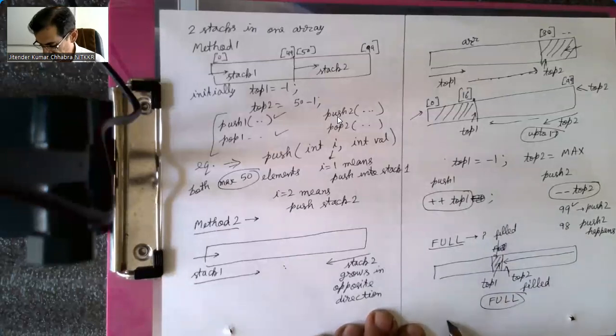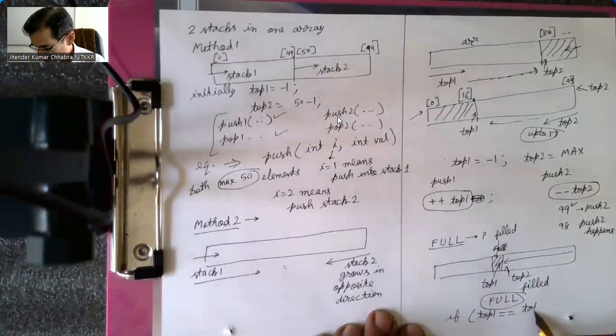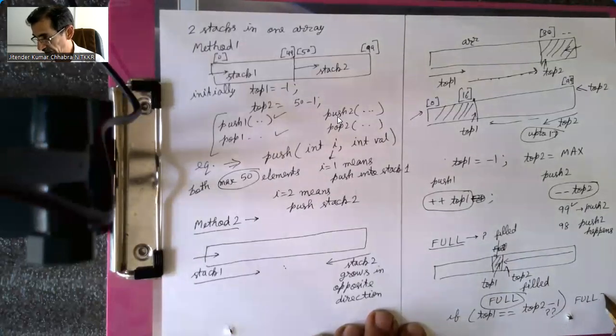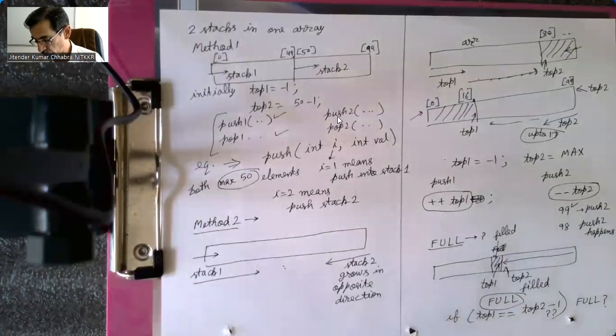So a condition probably like top 1 equal to top 2 minus 1 can mean the fullness. I can verify by thinking more logically, but this could be a hint which I want you to try.